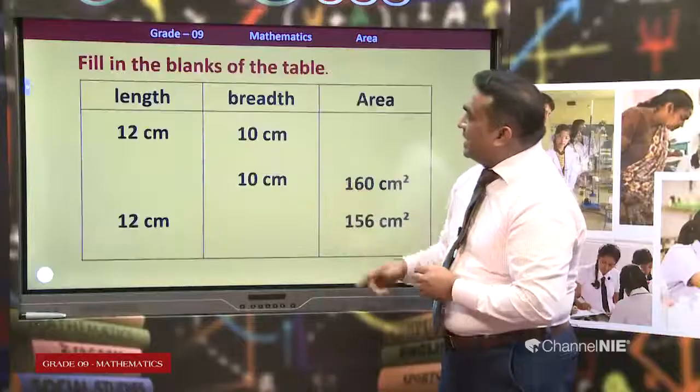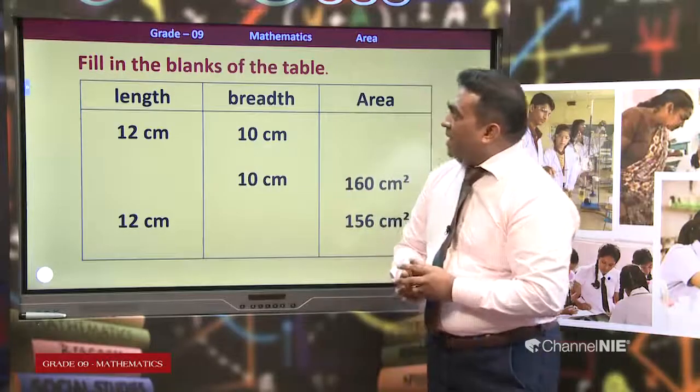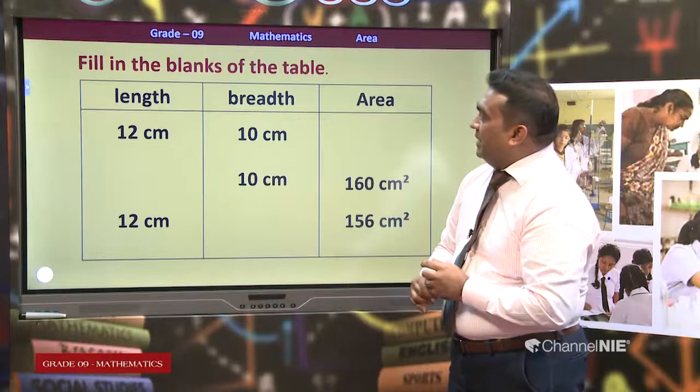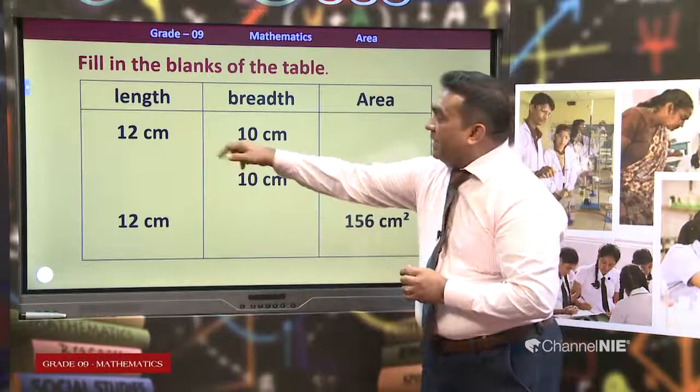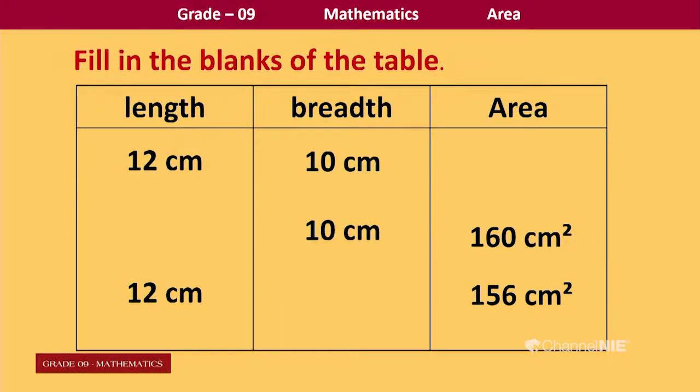We can consider an example. Fill in the blanks of the table. Here you can see length as 12 centimeters, breadth as 10 centimeters. We want to find out the area. Then how to get the area? Length multiplied by breadth, 120 square centimeters.